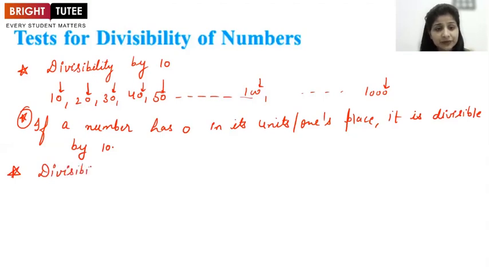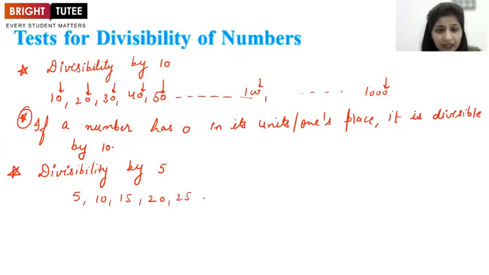Divisibility by 5. When we do the divisibility with 5, let us write the multiples of 5 as well to notice this. The multiples of 5 are 5, 10, 15, 20, 25, 30, 35, 40, and so on, like 125 also, 150 also.